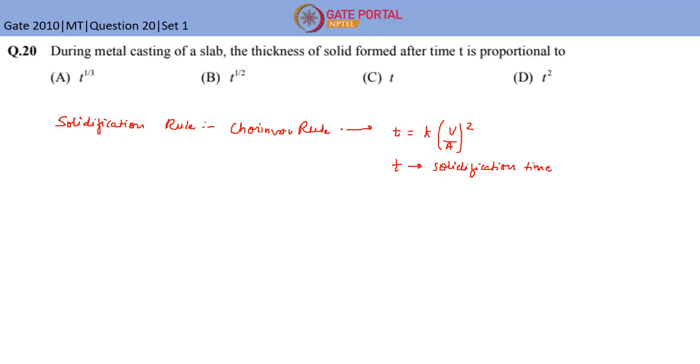K is the mold constant. V is the volume of material which is getting solidified.